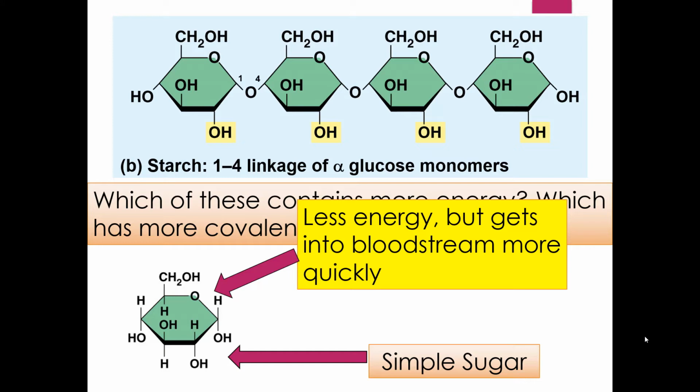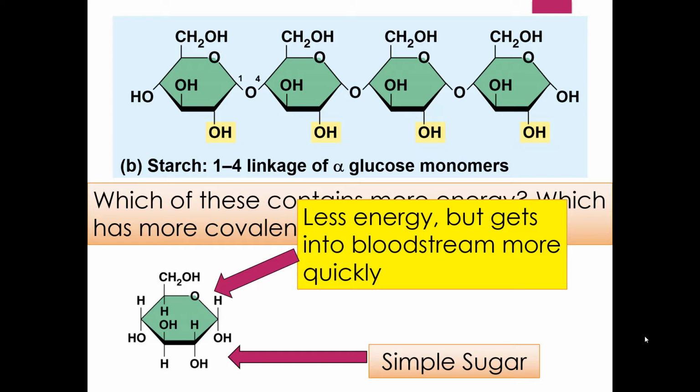And so, if you think about sugars and carbohydrates in your diet and their relationship to your body, if you're going to run a marathon tomorrow or do some physical activity in a few hours, a lot of times you'll eat a starchy meal because you're going to carbo load. You're going to get those complex carbohydrates in, which have lots of energy, but it's going to take a long time, and they're not all going to hit your bloodstream right away.